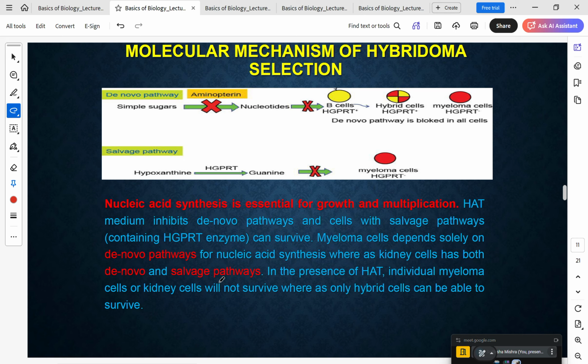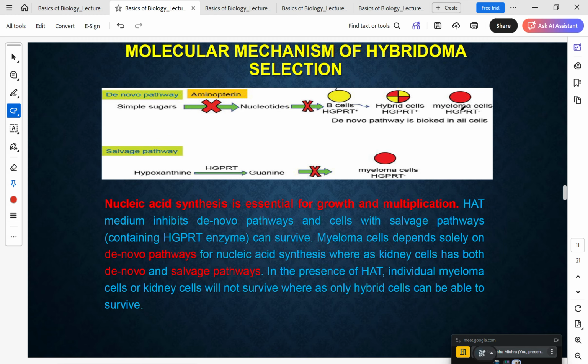The HAT medium has aminopterin, which blocks the de novo nucleotide synthesis pathway. Instead, the spleen cells have the ability to use a salvage pathway wherein they utilize hypoxanthine from the HAT medium, because they have the HGPRT enzyme to produce guanine.